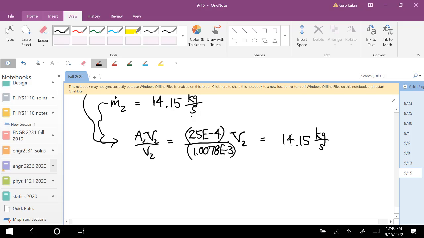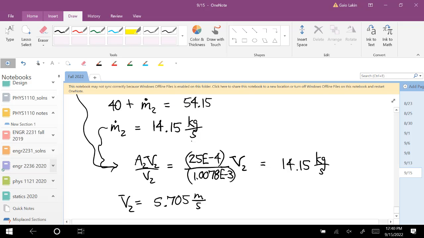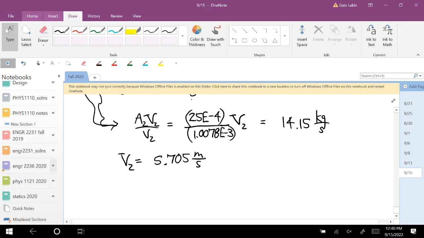And so now you can solve for V2, and you get that speed is 5.705 meters per second. Yep, that's exactly the same. Any questions about that? Okay, well, I guess that's the end of mass rate balance.